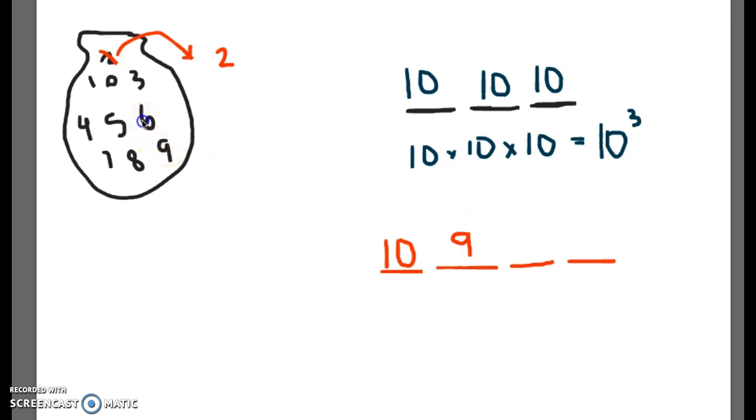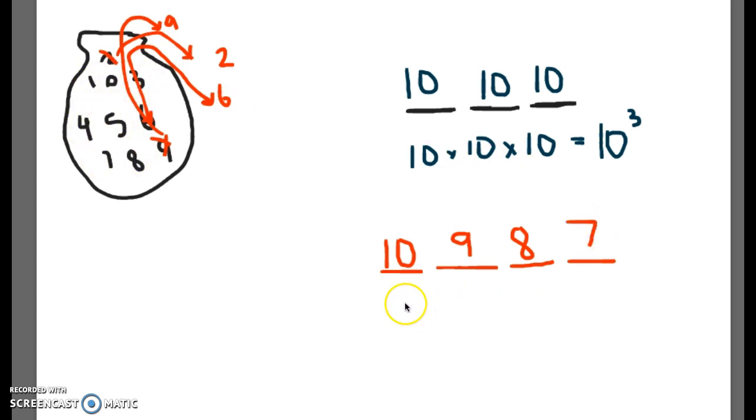So let's say I pull out a 6, and it's coming out of the bag, and I can't put it back in. So now if I count up how many numbers I have, I have 8 options. I have 8 numbers to choose from. If I pull out another number and it comes out of the bag, I am left with just 1, 2, 3, 4, 5, 6, 7 options in my bag.